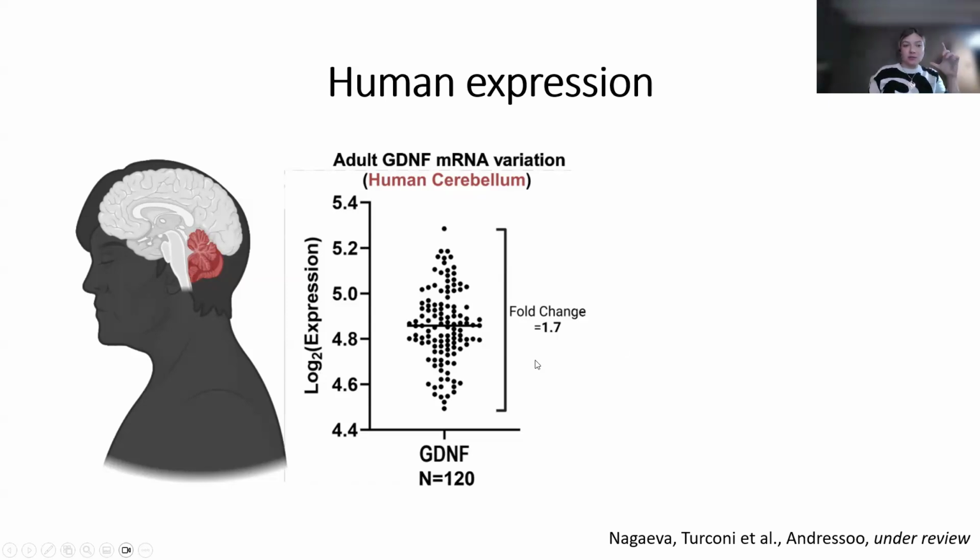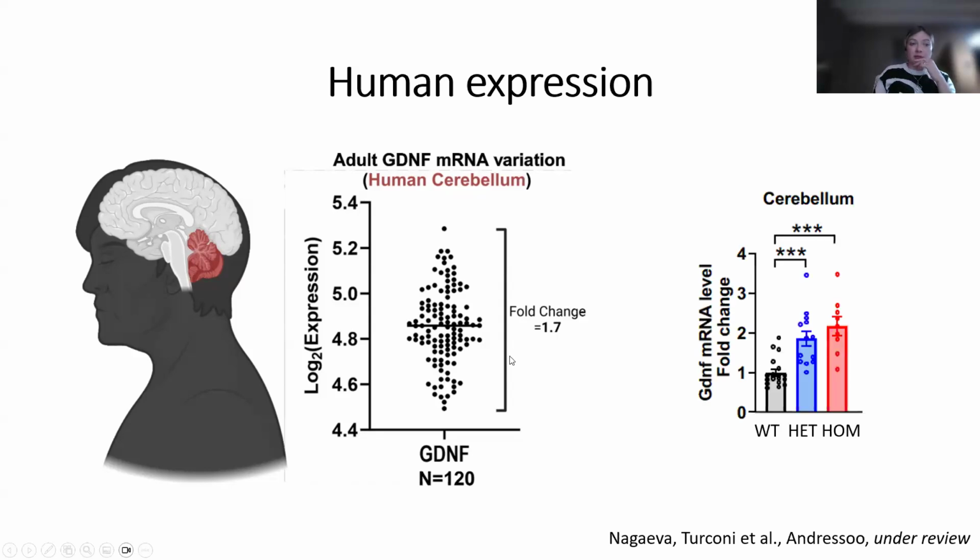Basically, the range of GDNF in healthy human cerebellum is around twofold, exactly what we saw in our mice. This can provide a basis that the improved motor learning in mice can be aligned also with human abilities to learn some motor functions.